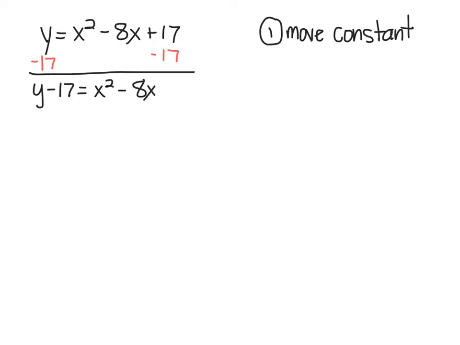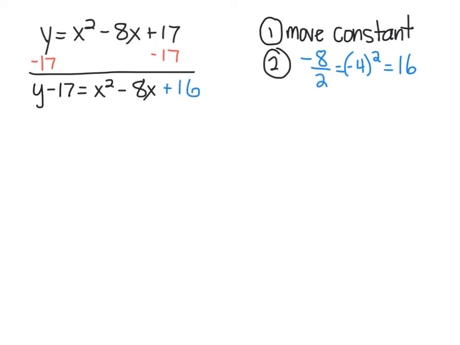So if I take that b term and divide by 2, I get -4. I'm now going to square it, and that gives me 16. And that 16 ends up being the constant that I add right here that will create a perfect square trinomial.